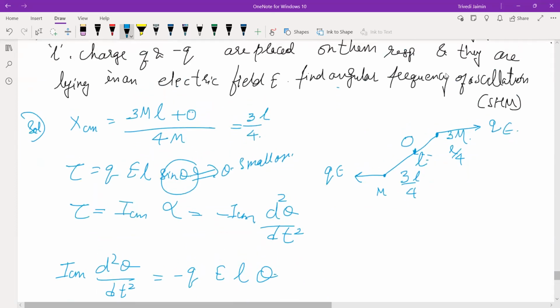No need to do that also, it's just common sense: more mass means it will be 3/4 of it, and the other will be 1/4. Then tau equals force into distance. Force here is QE, distance is L, because it's separated by distance L. So L sine theta.